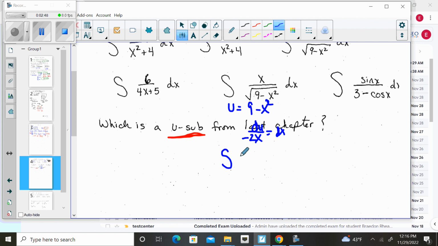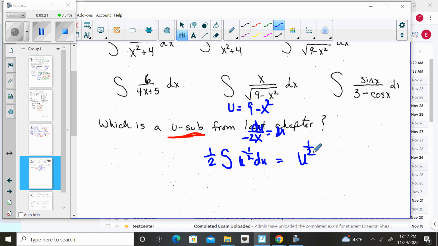This would result in those x's canceling. A half would come out in front, that 2 would be in front, and you'd have to bring this upstairs, u to the negative 1/2, because you're going to get radical u in the bottom. So bringing it up, it's negative 1/2 du. Then we increase the power by 1 and divide by the new power. If I add a whole to negative 1/2, I get a half.